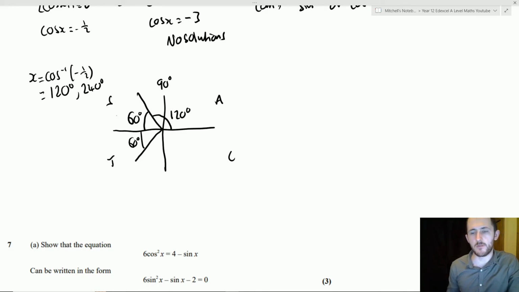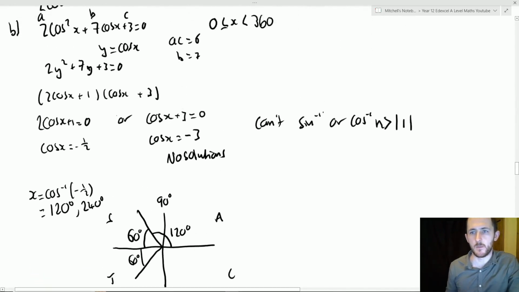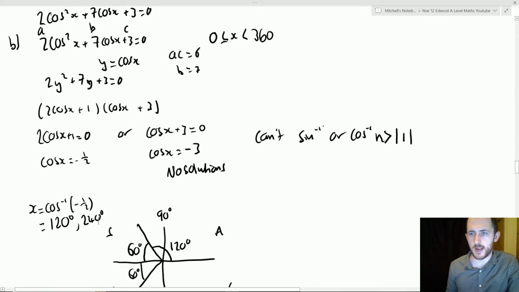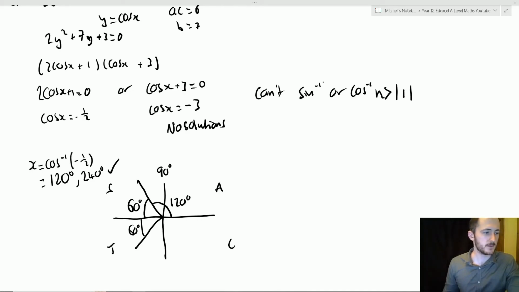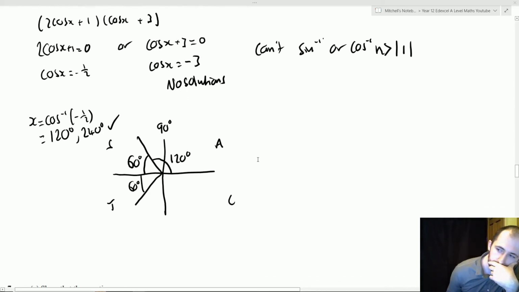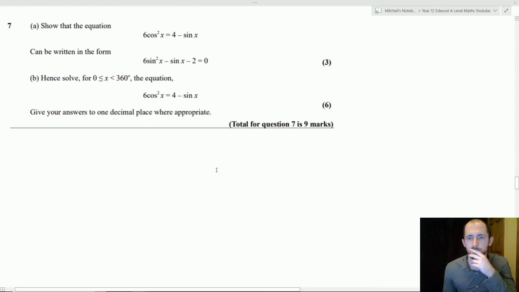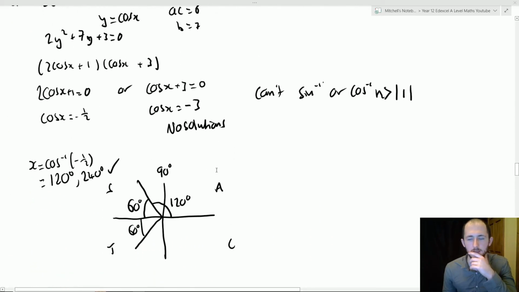And if we go around again, obviously we get a number bigger than 360, which is outside our range. So those two are the only values there.